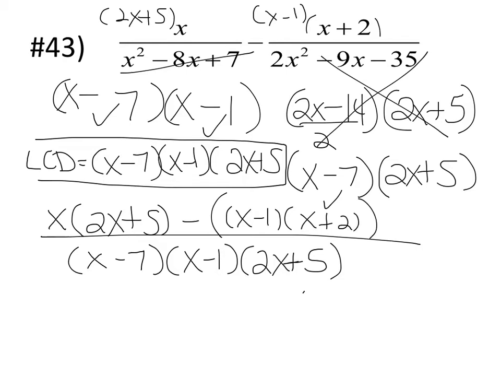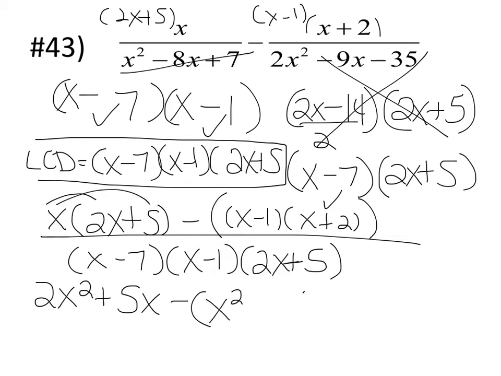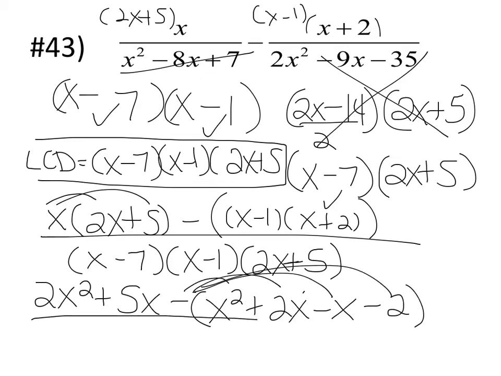And then after you're done multiplying those two binomials together, you'll distribute a negative. So this becomes 2x squared plus 5x minus x squared plus 2x minus x minus 2. Distribute your negative. You could have combined like terms first if you wanted to.